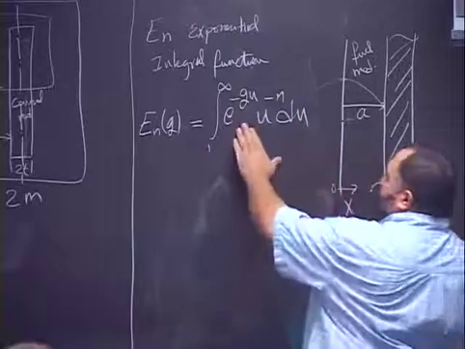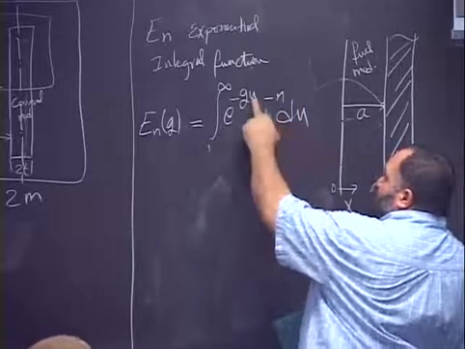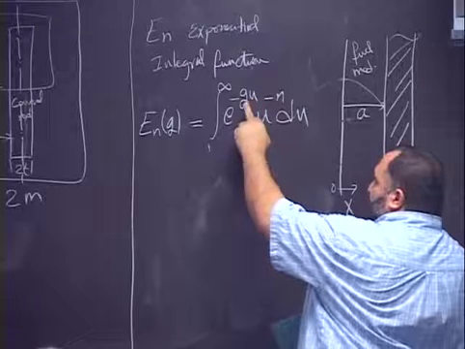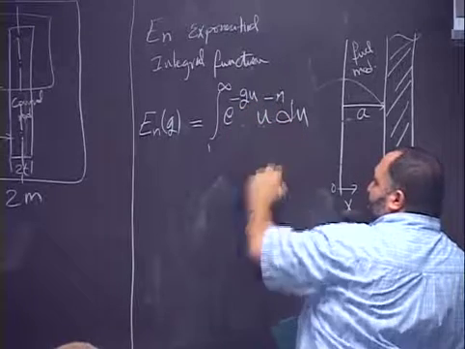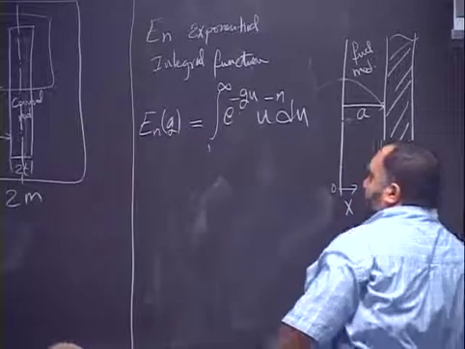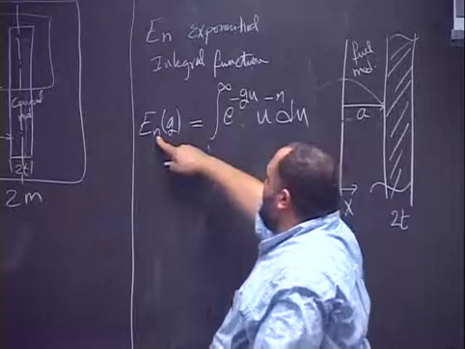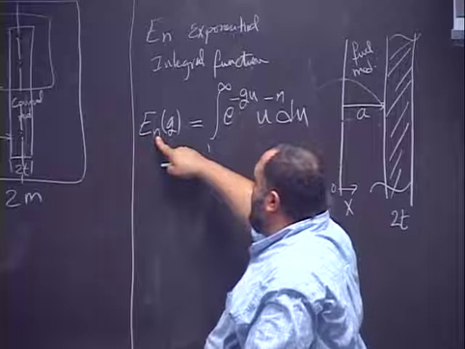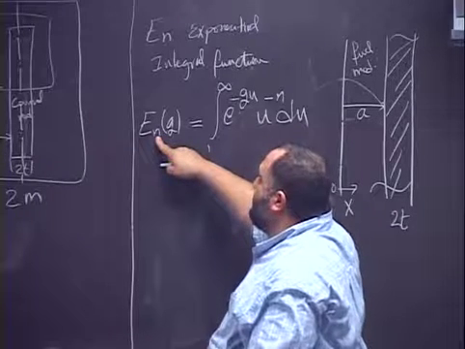When you integrate this with respect to u, you eliminate u and are left with g and n. This is why you have En as a function of g, and it depends on the value of n, so you will have E1, E2, E3, E4, E5 and so on.